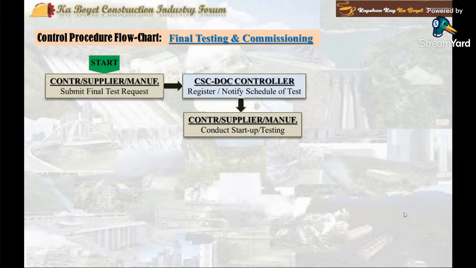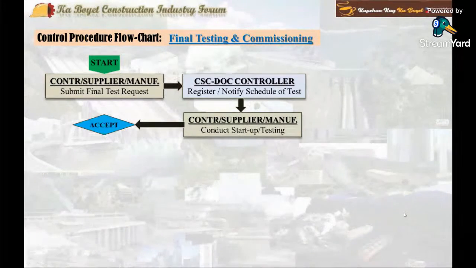Take note that this startup and testing should be witnessed by the project consultant, the project architect engineer, and the project designers. The output document of this process is a test report.